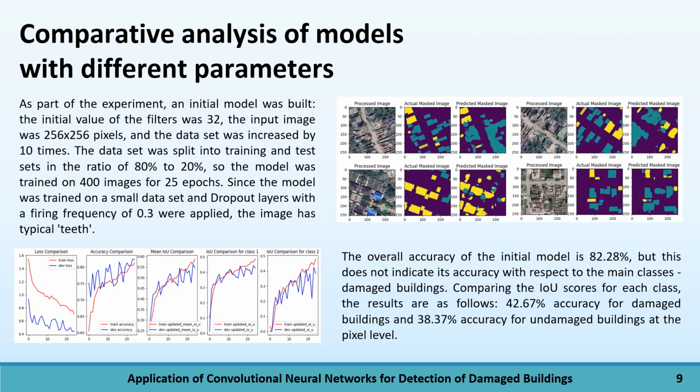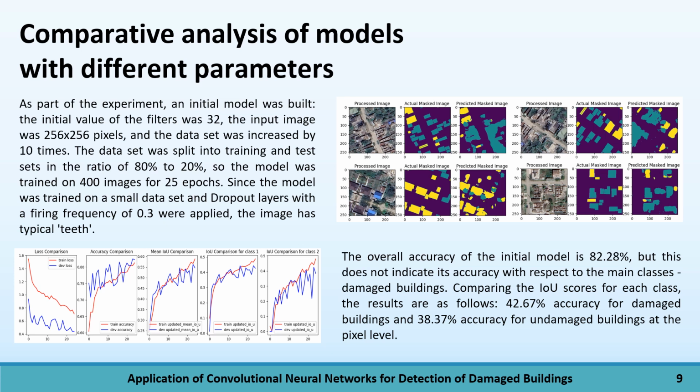This slide contains a comparative analysis of models with different parameters. As part of the experiment, an initial model was built. The initial number of filters was 32, the input image was 256 pixels, and the dataset was increased by 10 times. The dataset was split into training and test sets in the ratio of 80% to 20%.